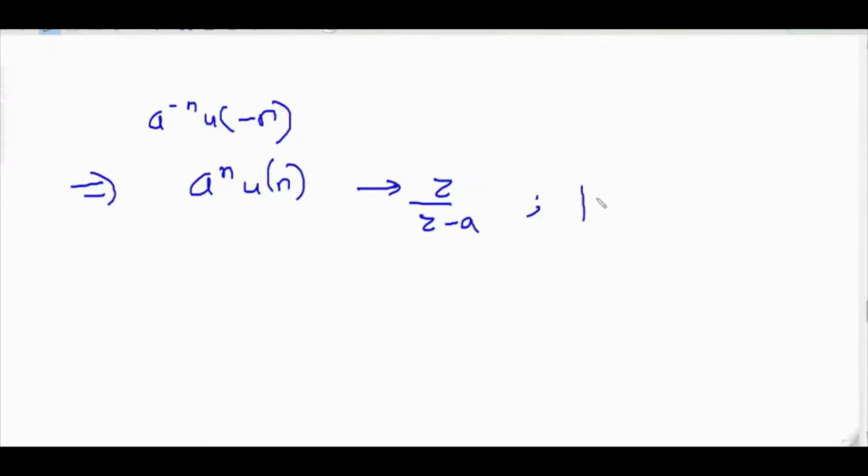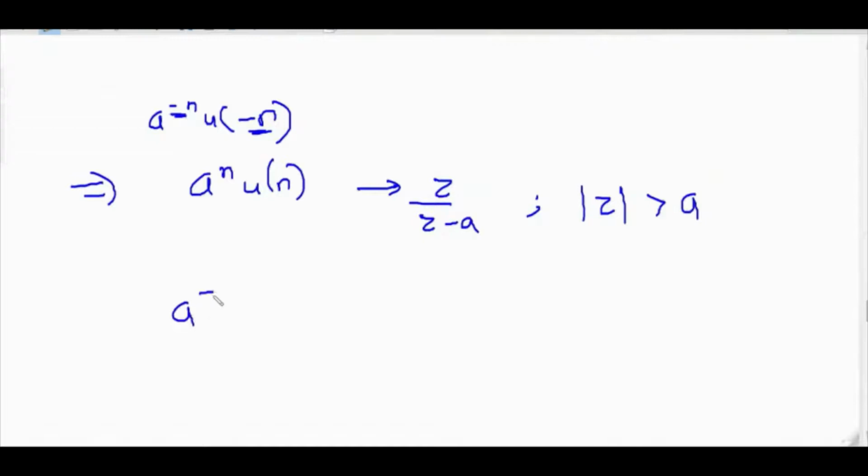ROC is magnitude z greater than a. Here n is replaced with minus n. So what will be changed here? z will be replaced by 1 by z.